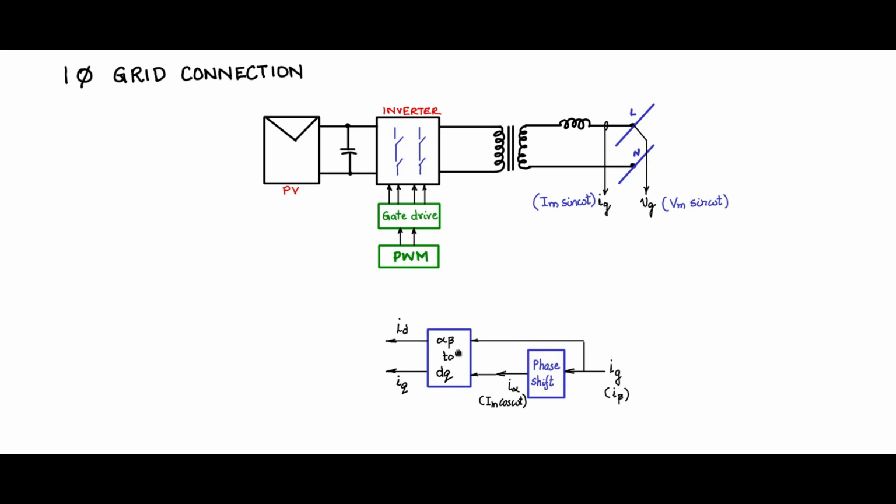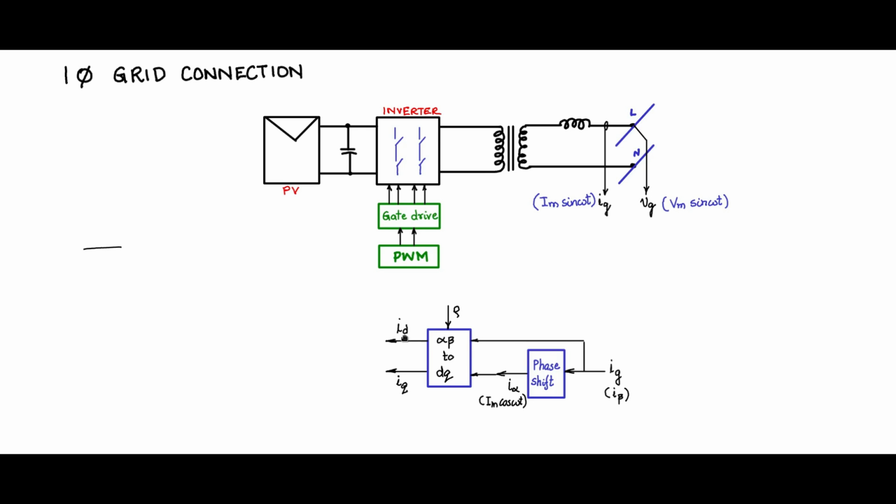Due to this alpha beta to dq transformation, there is a rho input which has to be given, so we will provide that rho input. Now what is that rho? Rho is the angle between the alpha beta coordinate axis and the dq coordinate axis. I will come and discuss later on how we will generate this rho.